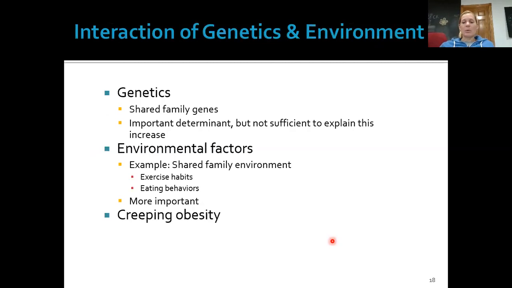Both the interaction of genetics and the environmental factors are important to consider in this scenario. Shared family genes are an important determinant, but not sufficient to explain the increase in weight that we see gradually each year. The average American gains between 1.1 and 2.2 pounds every single year.